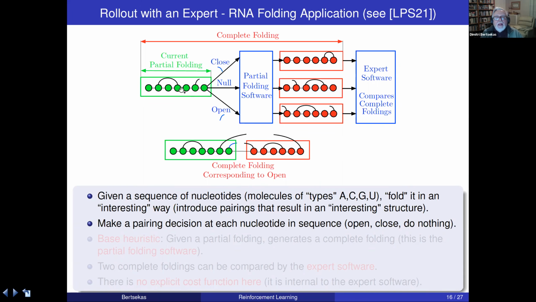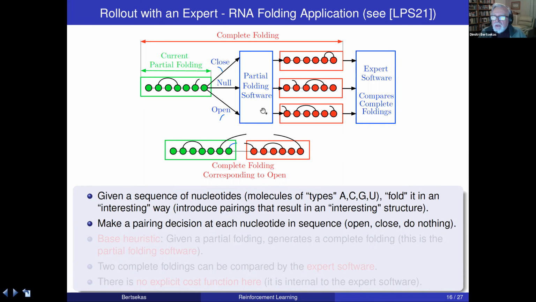It means that if this is the current partial sequence, we have to decide whether there's going to be an open pairing starting from here, a closing of a pairing starting here that will go backwards, or no pairing at all. So this is the state, something like this, and these are the decisions.